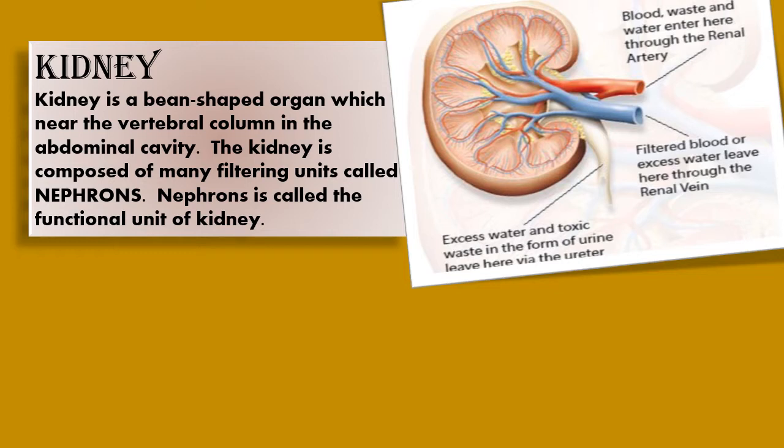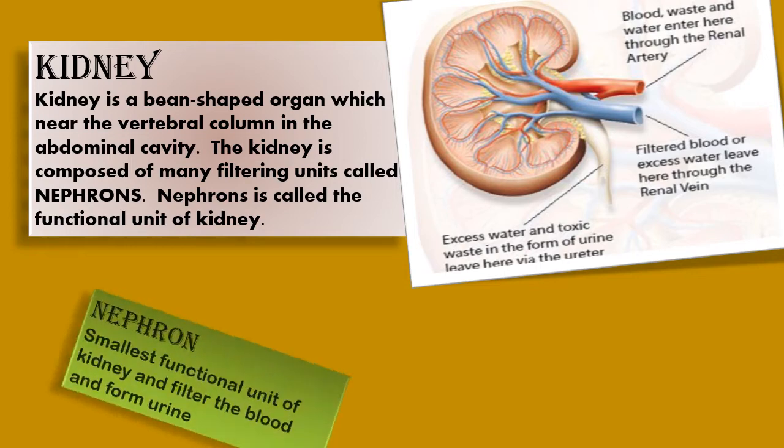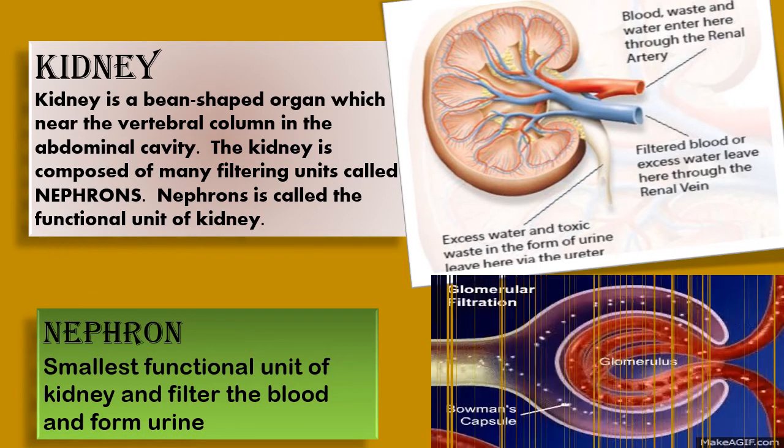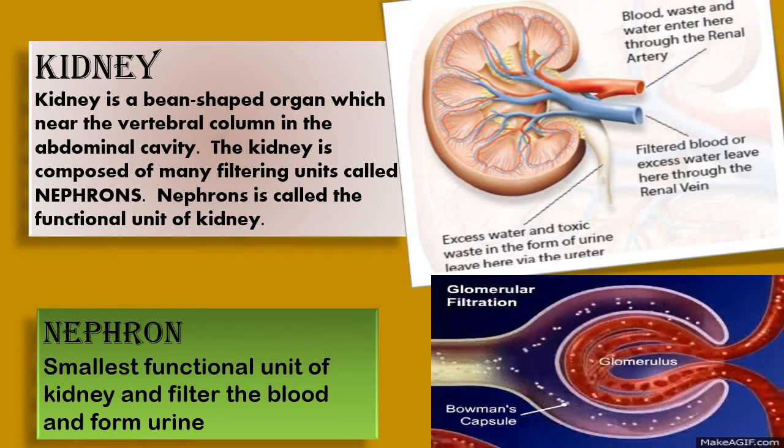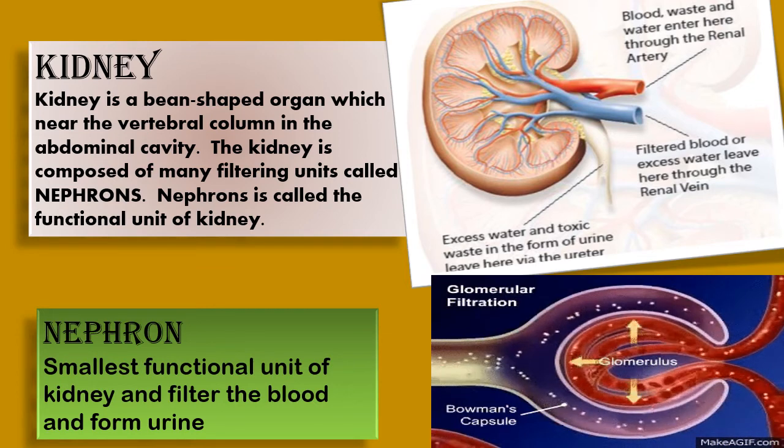Now, what is a nephron? This nephron filters the blood and it is composed of a tangled mass of tubes and a filtering part called the glomerulus. Glomerulus is a network of blood capillaries to which the renal artery is attached.